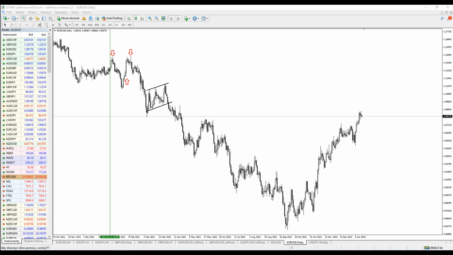Okay? Always we have to look for some kind of manipulation the market is bringing to us to determine the next level of the move. Right?